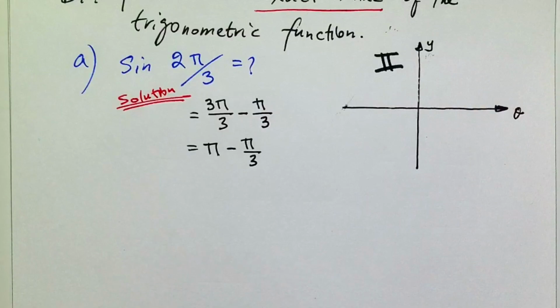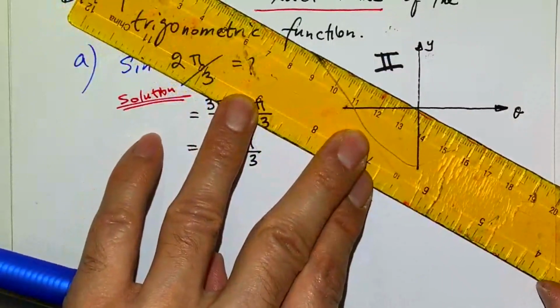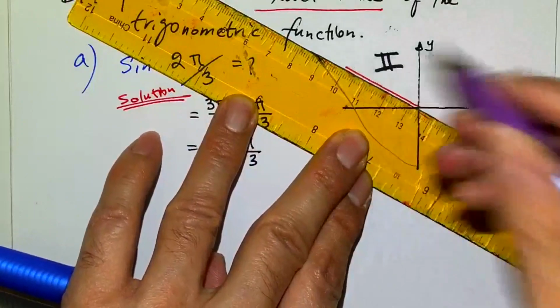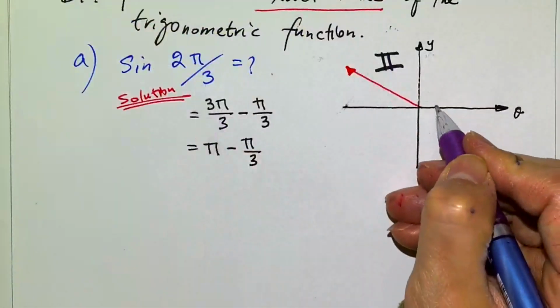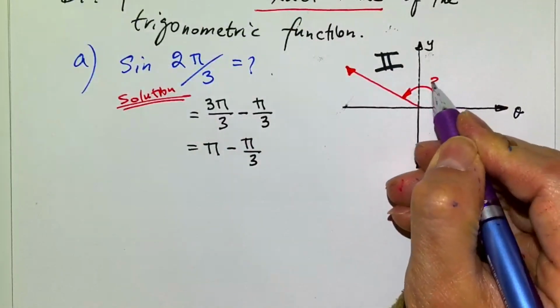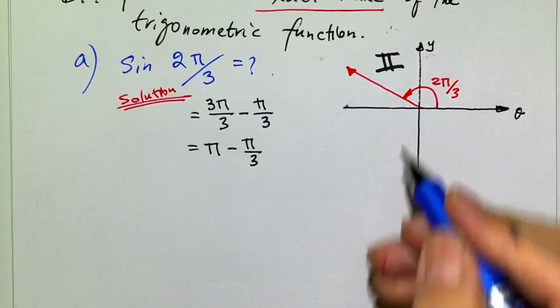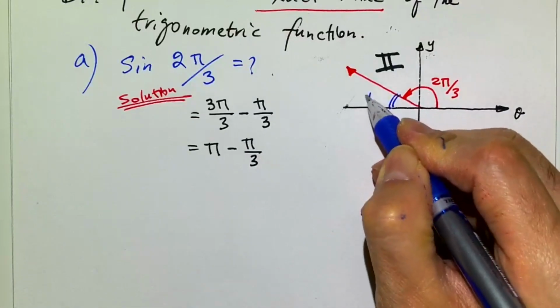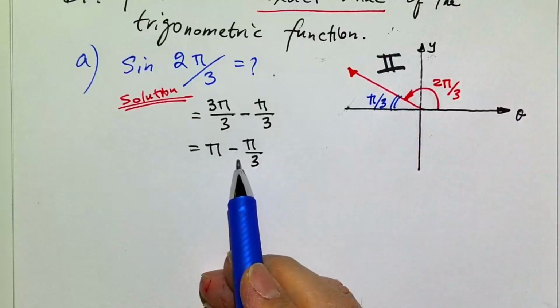Okay, so I'm just going to draw a line in that quadrant like that. So 2 pi over 3 is this angle. This is 2 pi over 3. What is the reference number then? The reference number is this, pi over 3. We already know that, right? Because that's what we have.